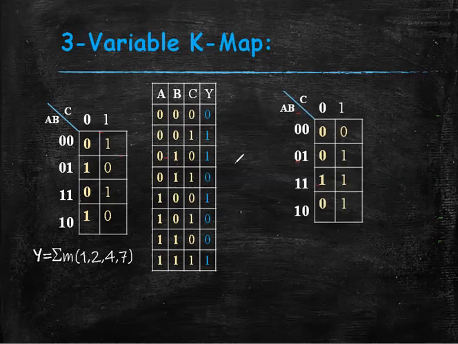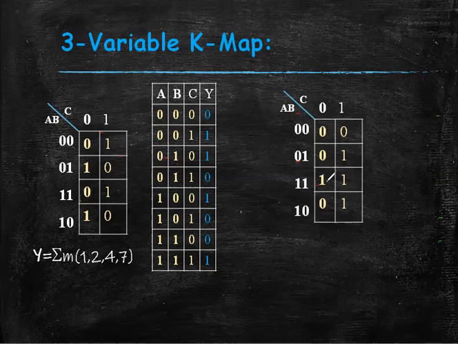And here another K-map is given. From the K-map, we have to write the SOP and the truth table. Here look at the positions.